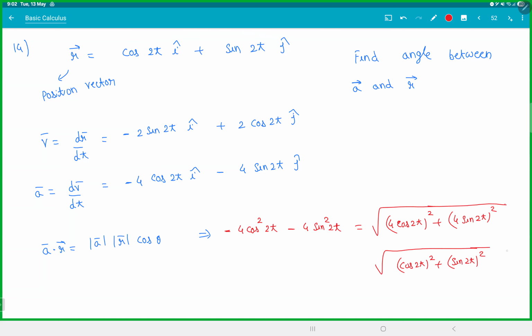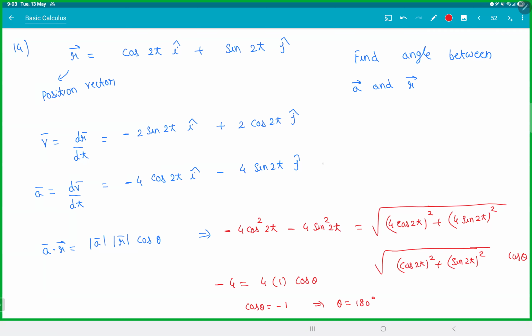Actually, you can see and tell here, both are anti-parallel vectors. Sin square plus cos square is 1, so minus 4 over 4 is 1 and this is cos theta. We get cos theta is equal to -1. Theta is 180 degrees. Clear with this?